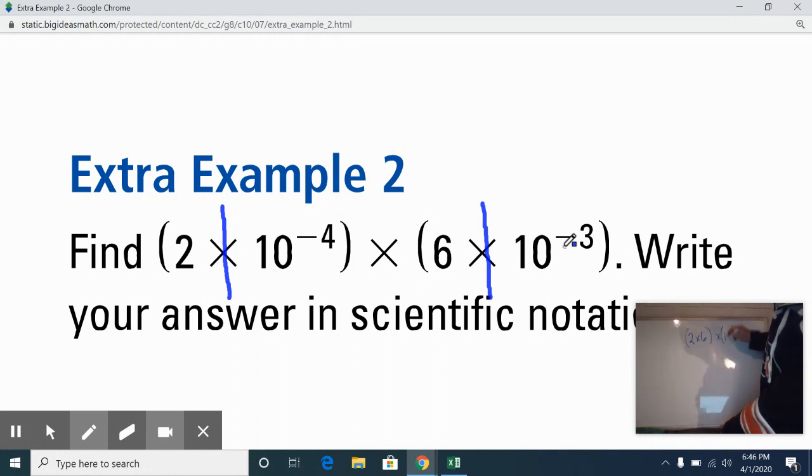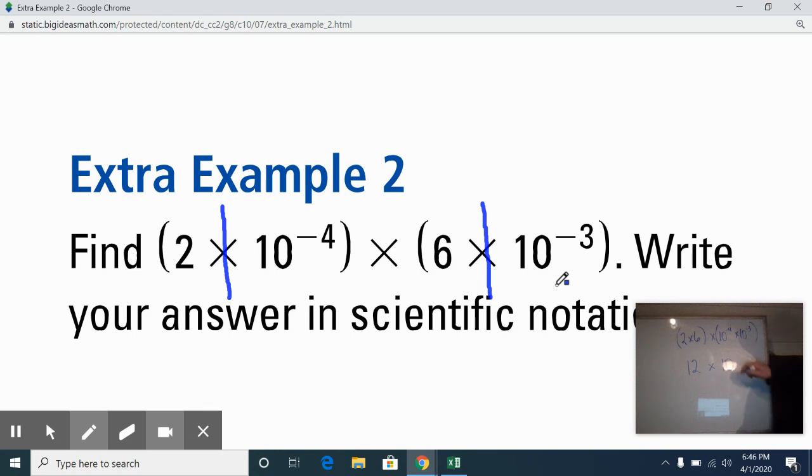times 10 to the negative fourth times 10 to the negative third. 2 times 6 is going to give me 12 times. Remember, my rule is to add my exponents.